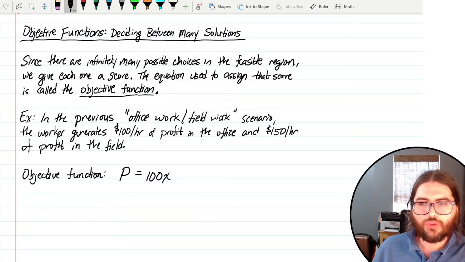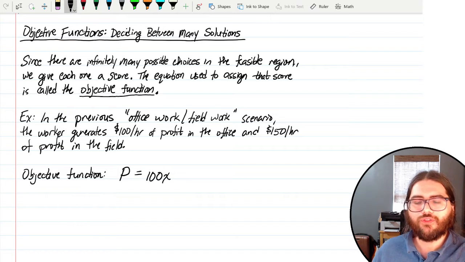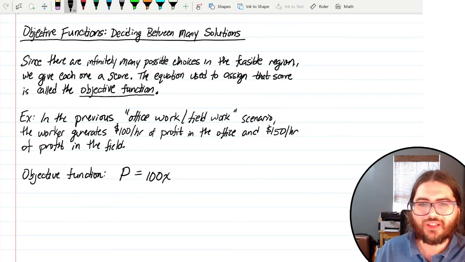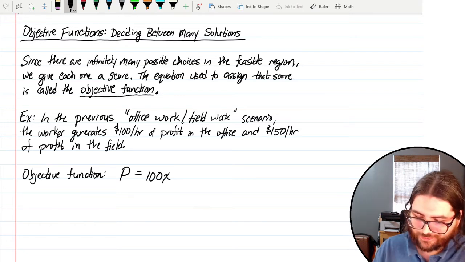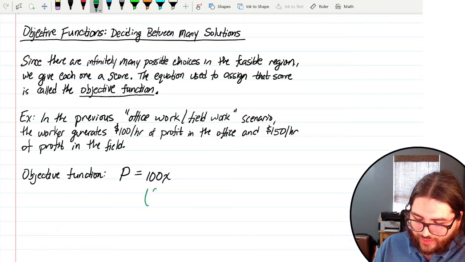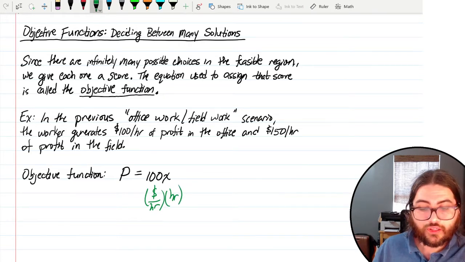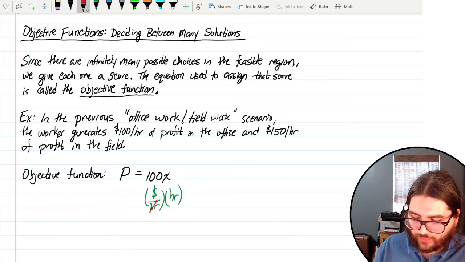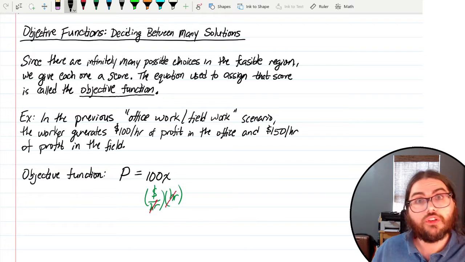Sometimes when you see me return or give feedback on problems, I'll say the equation that you wrote doesn't make sense because the units don't match up. What I mean is that here this is dollars per hour, and this is a number of hours. So the hours would cancel out and leave me a measure of dollars.